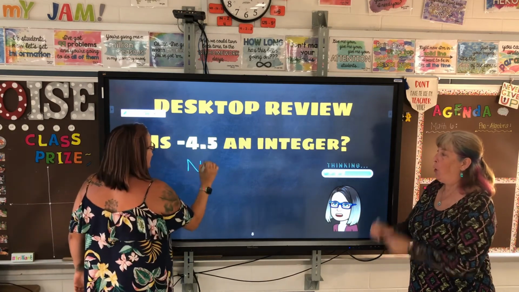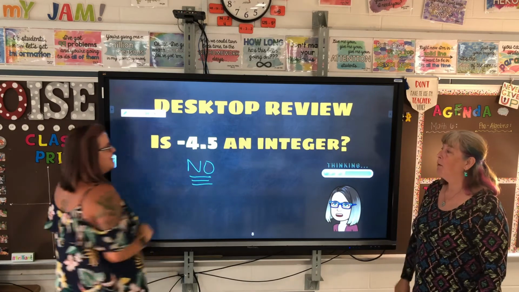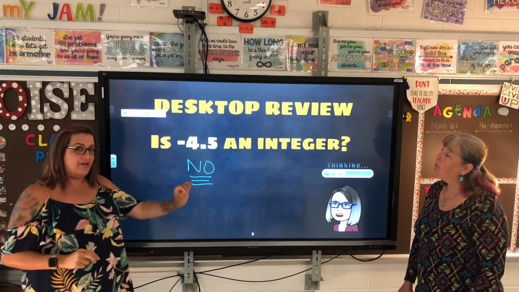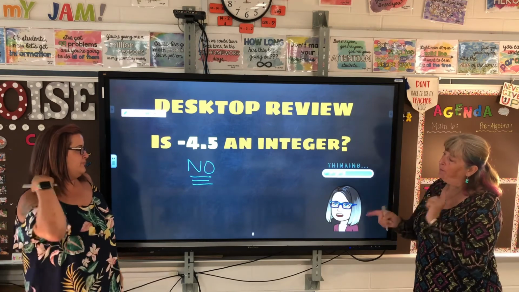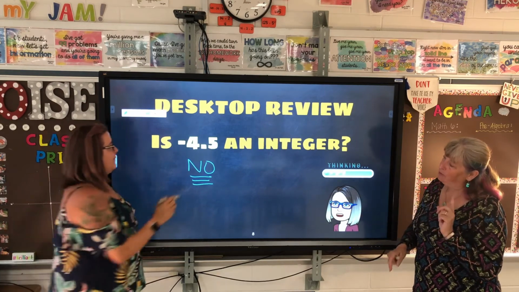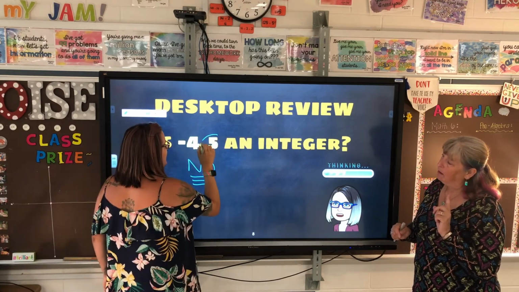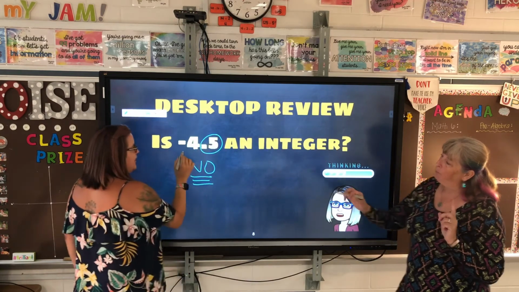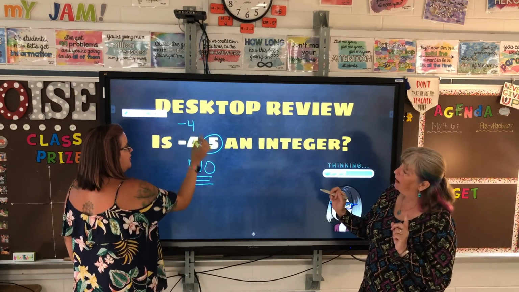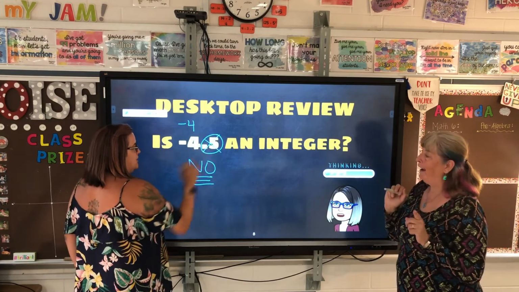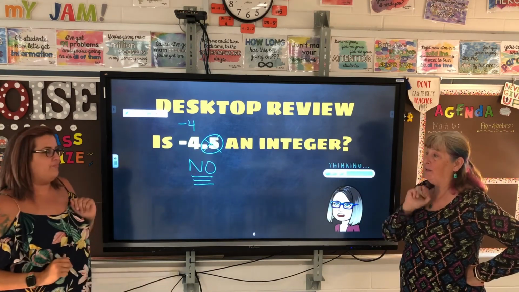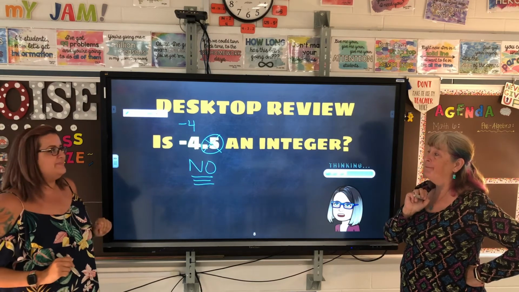Well, no, it is not, because it falls between negative 4 and negative 5 on that number line. If you were to circle the one part that made it not an integer, what would you say was the key? Boom, this decimal, right? So negative 4 is an integer, but once I add just a little bit more, not an integer. That word "and" gave you the hint that there was a decimal there.